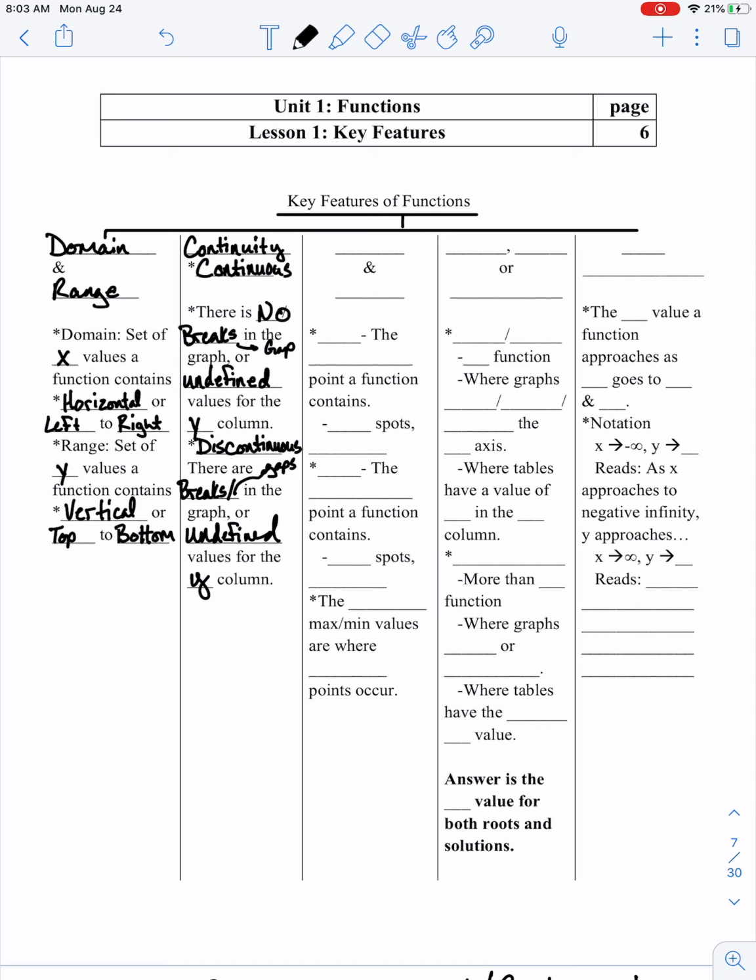The next one we're going to talk about is max and min. I briefly touched on this when we were speaking about the range. Your max is the highest or the biggest.